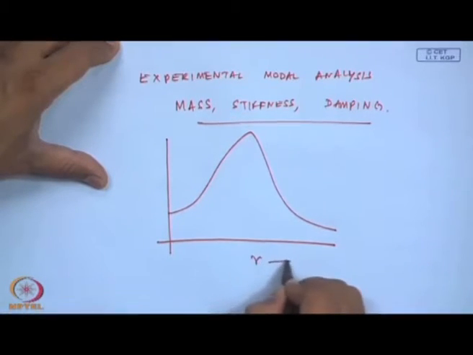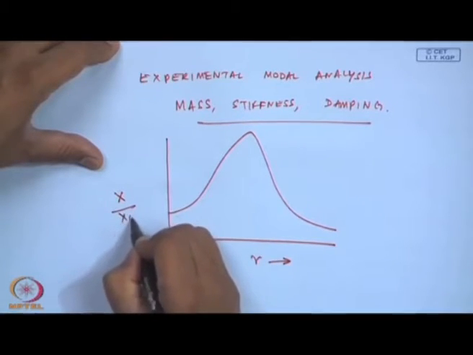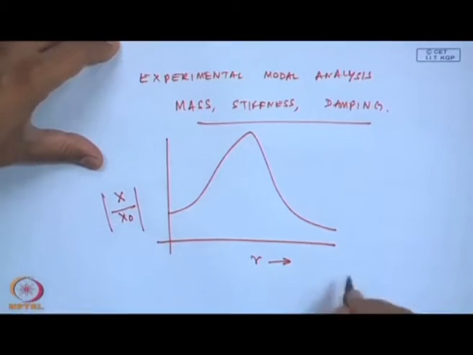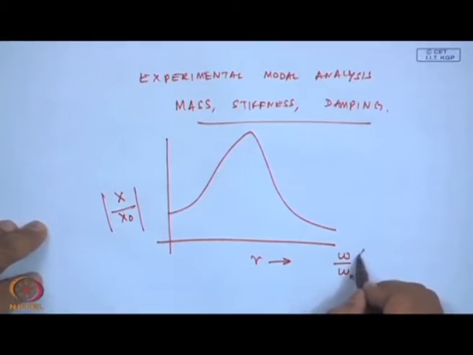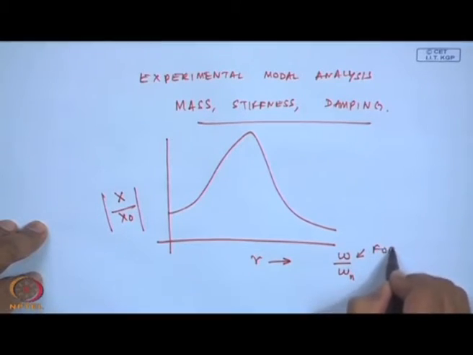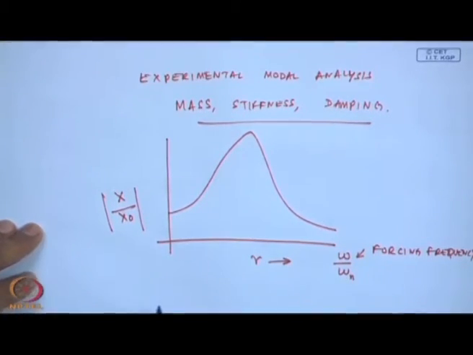This is the dynamic magnification factor, x by x naught, and r is nothing but omega by omega n, where omega could be the forcing frequency, and omega n is the natural frequency.